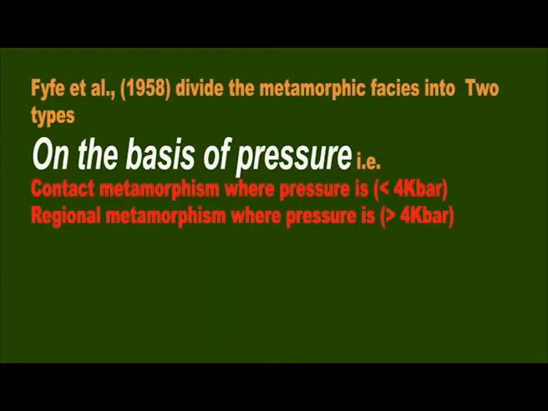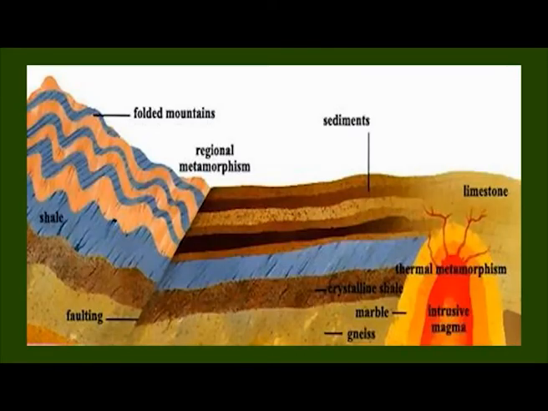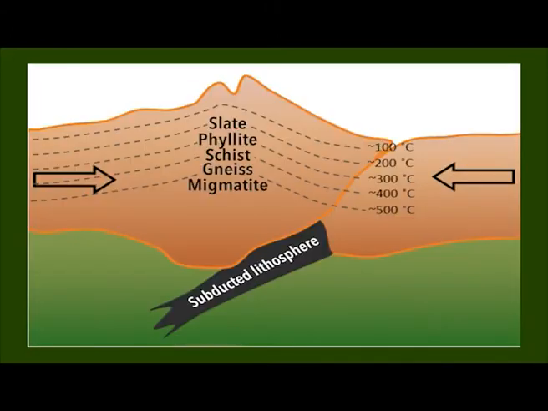Miyashiro et al. in 1958 divided the metamorphic facies into 2 types on the basis of pressure, that is contact metamorphism where pressure is less than 4 kilobar and regional metamorphism where pressure is more than 4 kilobar. Regional or Barrovian metamorphism covers large areas of continental crust, typically associated with mountain ranges, particularly subduction zones or the roots of previously eroded mountains.